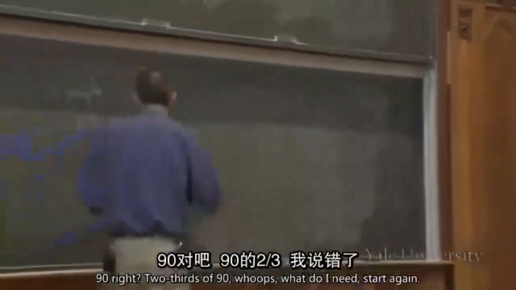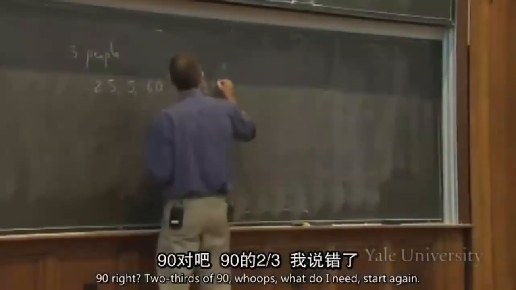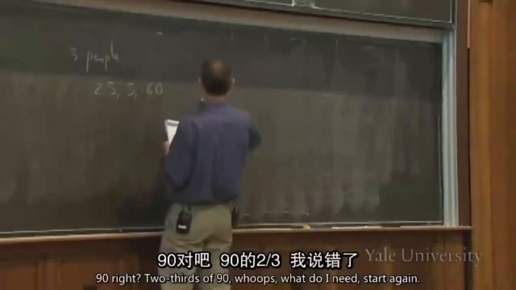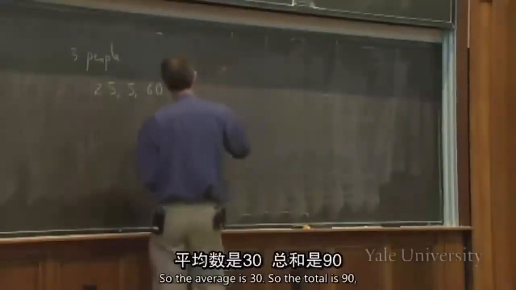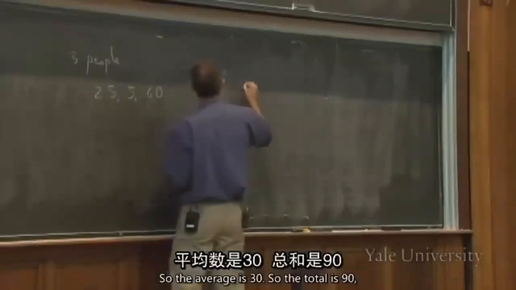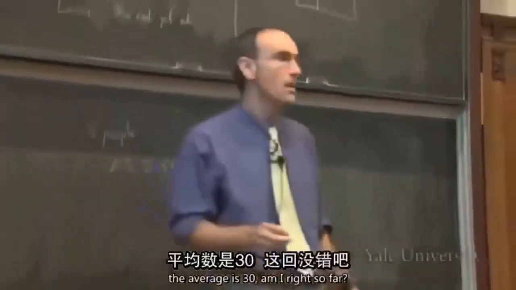I need to divide it by 3 to get the average, right? So the average is 30. Right, so total is 90. The average is 30. Am I right so far?